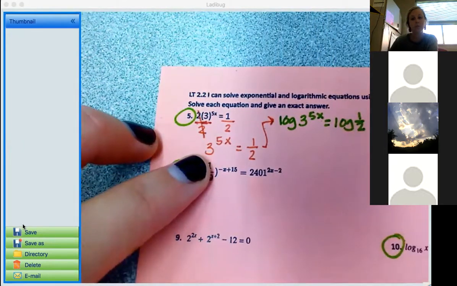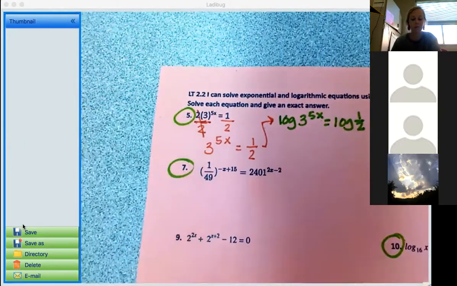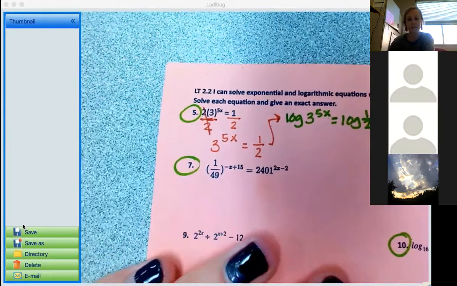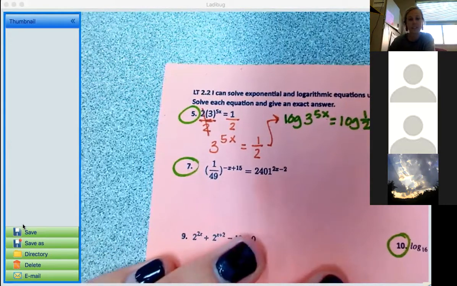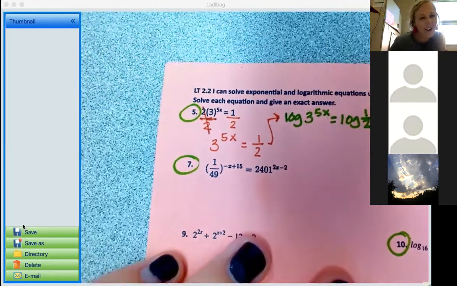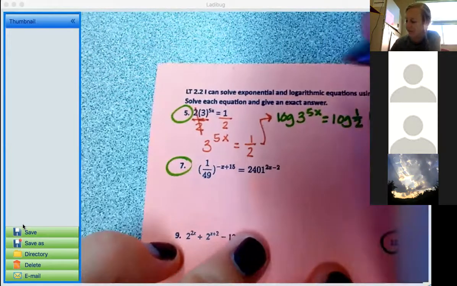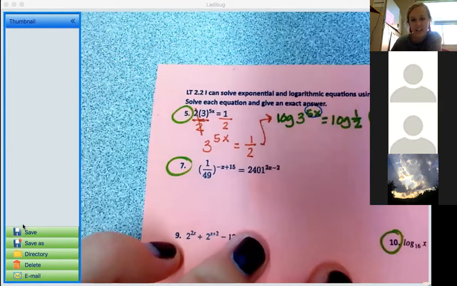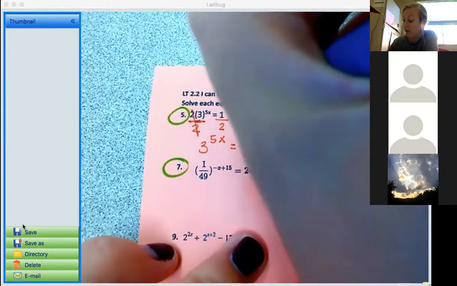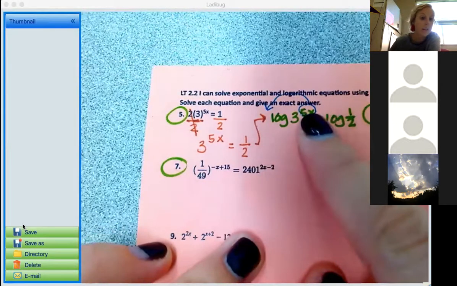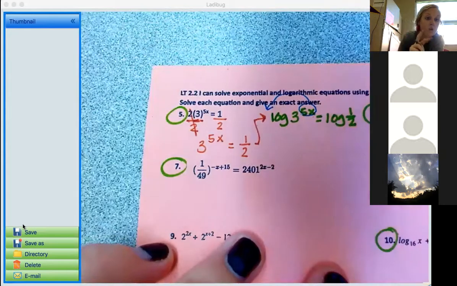What do I do now? Come on, y'all. What can you do with this 5x? Bring it to the front, outside. Good. If it's a logarithmic equation, it shouldn't have exponents because remember, logs and exponentials are inverses.